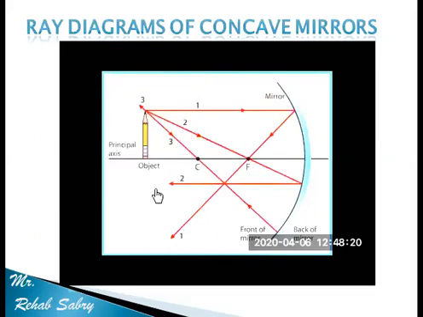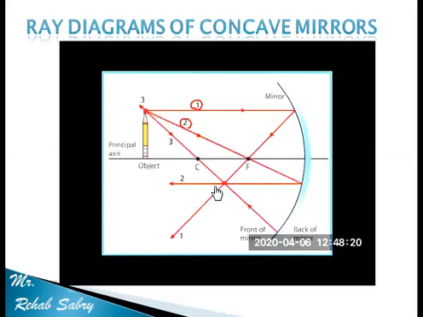I'll send the first ray, number one, parallel, so it will reflect passing through the F. Then I'll send the second ray through F, so it will reflect parallel. Where will they meet each other? Here. So this is the image of the head of the object.